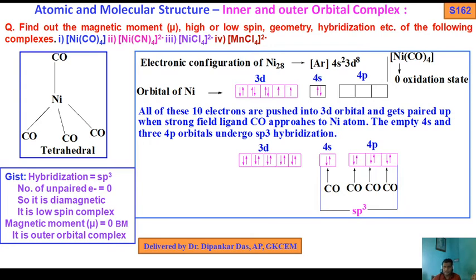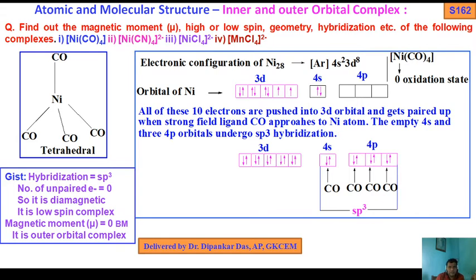Now each CO donates an electron pair: 1 to 4s and 3 CO donate 3 lone pairs of electrons to the 4p orbitals. So how many s orbitals are involved? 1. How many p? 3. So the hybridization will be sp3. So in this Ni(CO)4 the hybridization is sp3. So it is a tetrahedral structure, which I have already shown, the tetrahedral structure of Ni(CO)4.